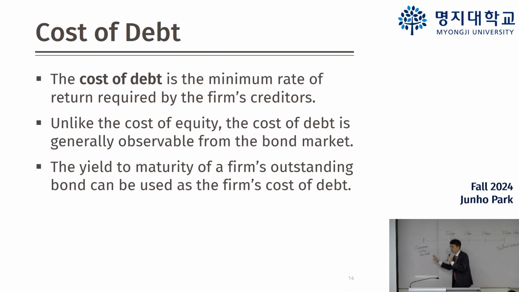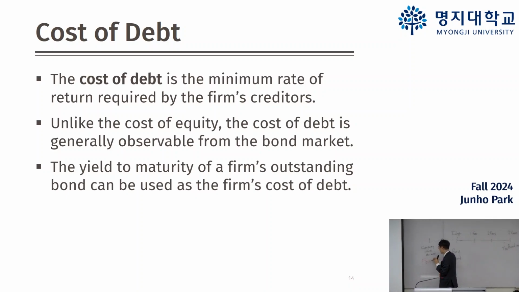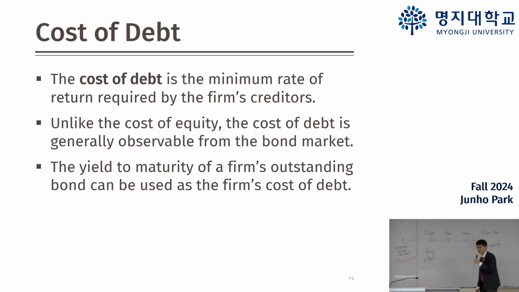So they want some returns at the end. And we call the principal, in the case of the bond, the face value. So this is the total money that the company borrowed, or in other words, the total money the investors lent at the beginning of this contract.